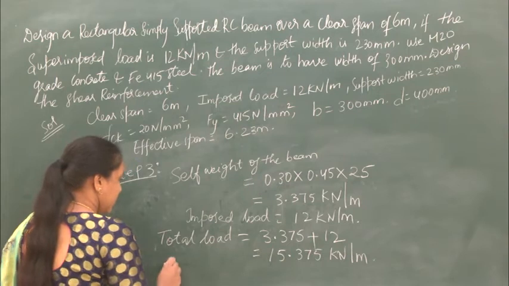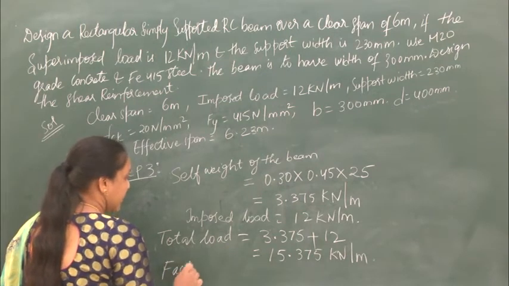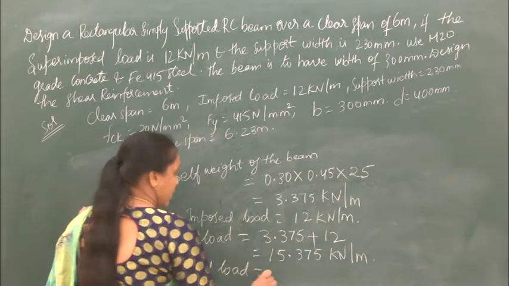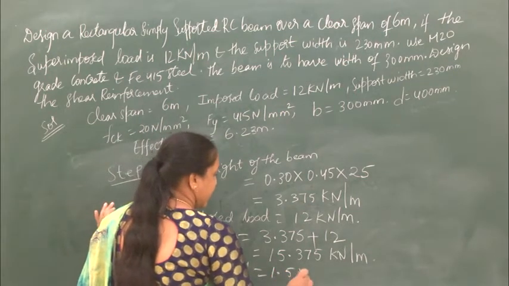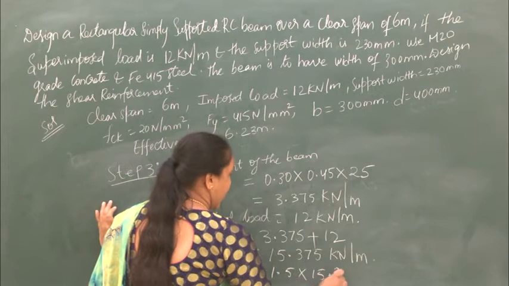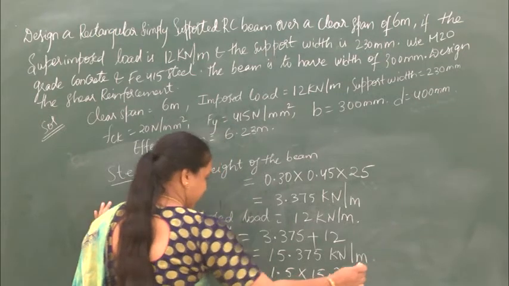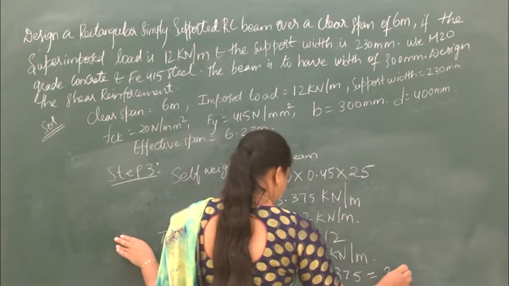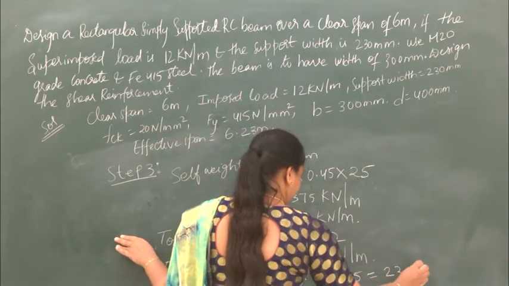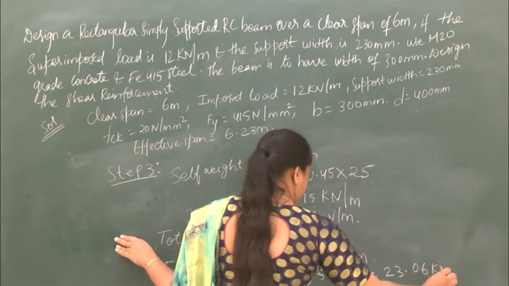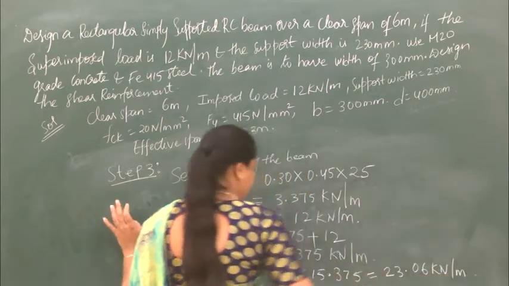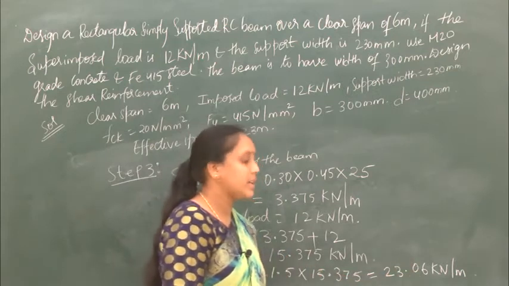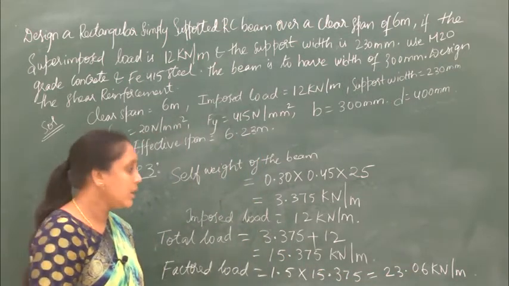So the factored load will be 1.5 into 15.375, which gives 23.06 kilonewton per meter. So this will be your factored load, 23.06 kilonewton per meter.